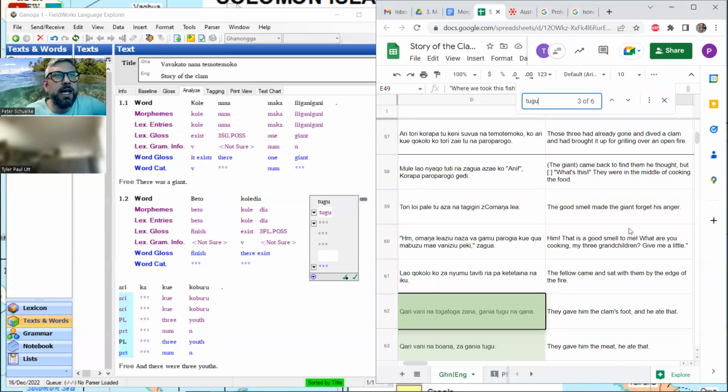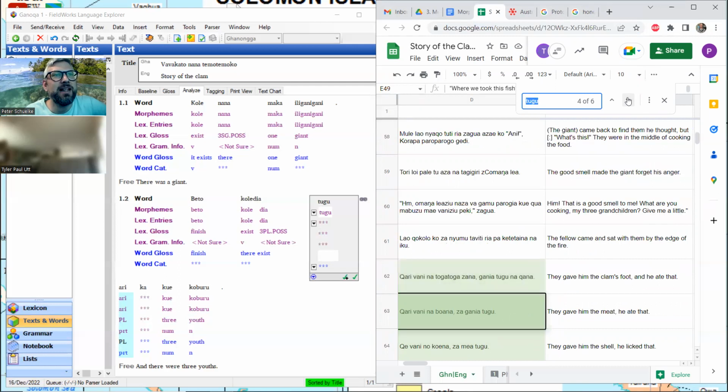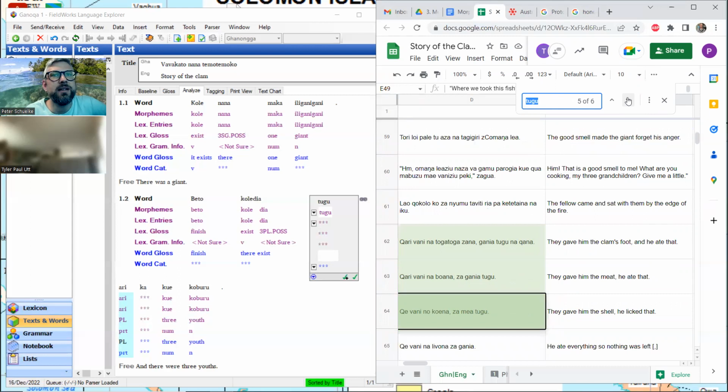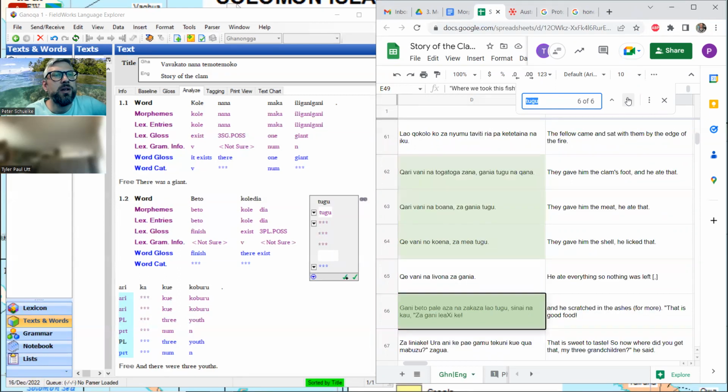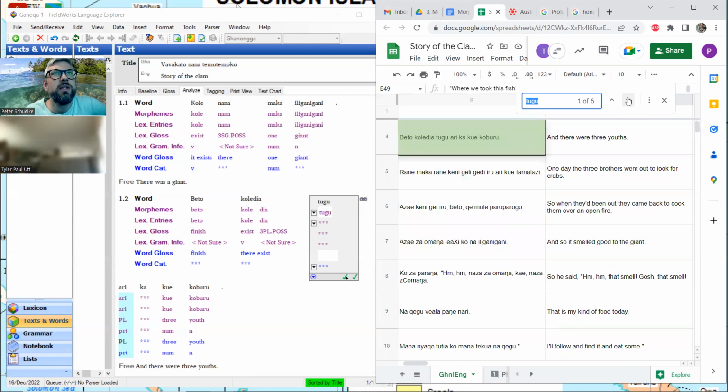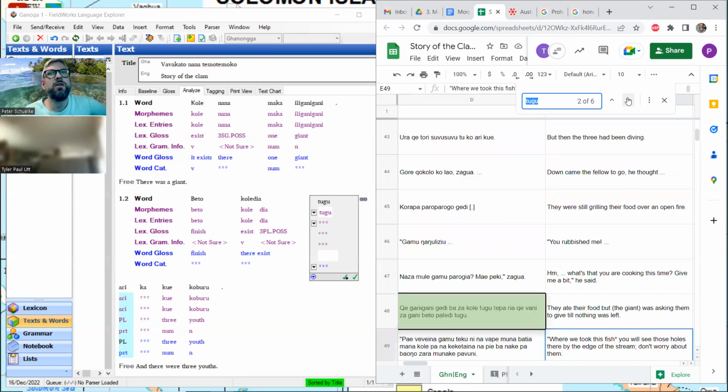They gave him the clan's foot and he ate it. So tugu does have a finished meaning, but I feel like it could also mean also. They gave him the meat, he ate. He also ate that. He also ate that. He scratched the ashes. Which one would this be? Also. No, they don't.